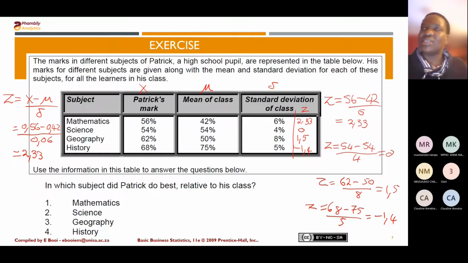If it's negative, it means you did worse than the rest of your class, or less than the rest of your class. So it has to be positive, and the only one with a positive and bigger is mathematics. So Patrick did best in mathematics relative to his class. And that's how you're going to use the data to compare and find your answers.